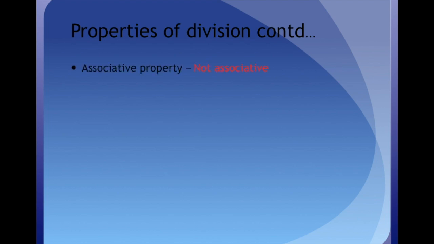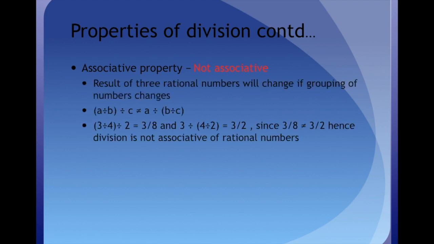Now let us discuss one more important property, which is the associative property for division. As we have seen in case of subtraction, in case of division also this associative property does not hold good, because if we change the grouping of different numbers, the answer will change.